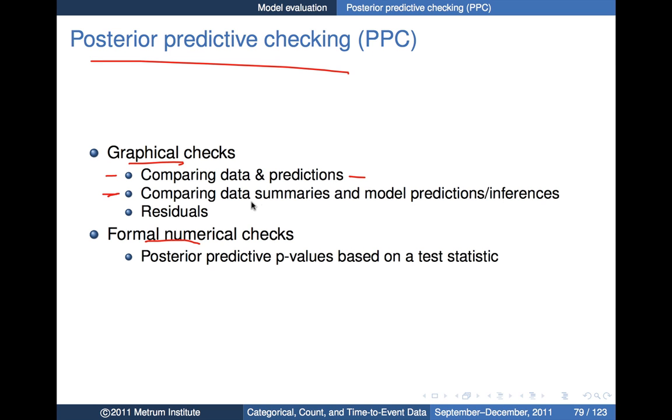Alternatively, you may want to compare some data summary, which in a PK context might be something like an area under the curve, or maybe a peak concentration, or the time at which the peak concentration occurs. Well, you might choose to compare one of those to your model predictions.